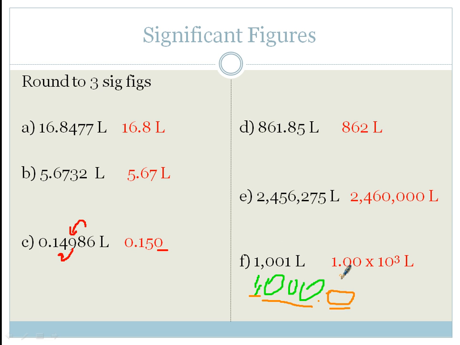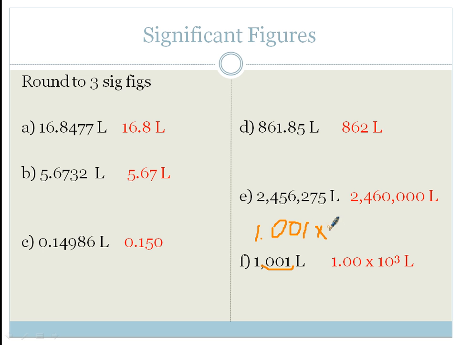So anytime I have issues with significant figures, what I want to do is first write the number in scientific notation. So how I'm going to write this in scientific notation is, the decimal's here, I'm going to move it over 1, 2, 3 places. So I'm going to have 1.001 times 10 to the third.